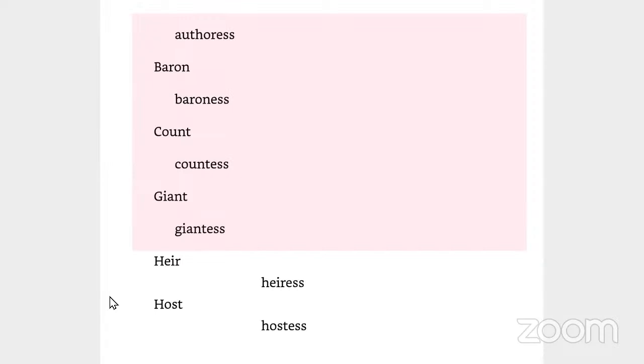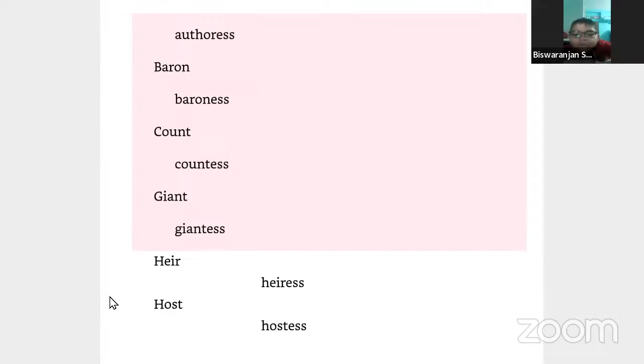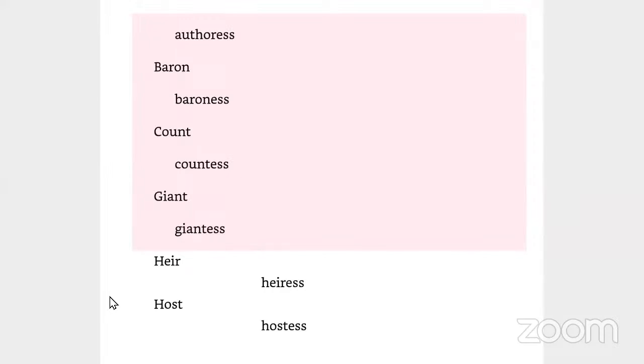So giant, giantess. Who can say what's the meaning of heir, H-E-I-R? Someone who inherits a person's money or property when that person dies. Correct, that is the answer.